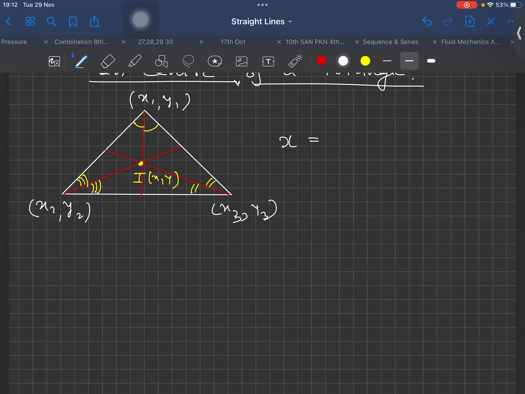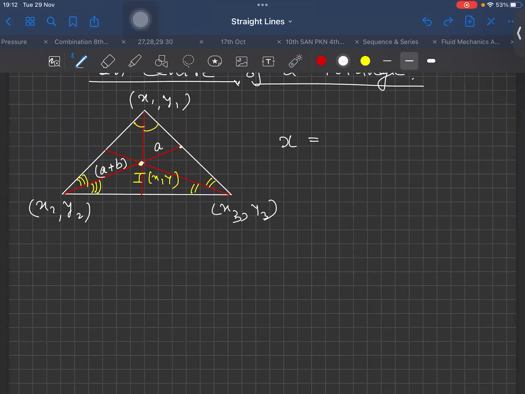Let's say this is dividing in the ratio A is to A plus B, some ratio like this. So from this point to this point is A, and from here to here, if it is A plus B, then from here to here it is B. This A and B are some numbers which will be given.